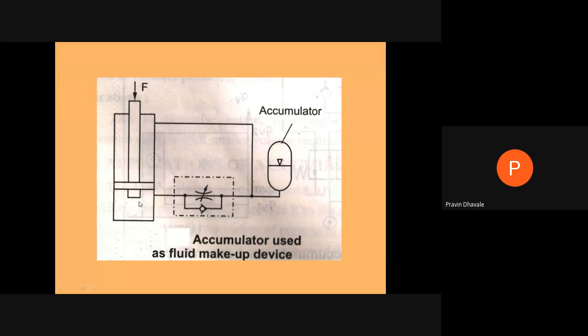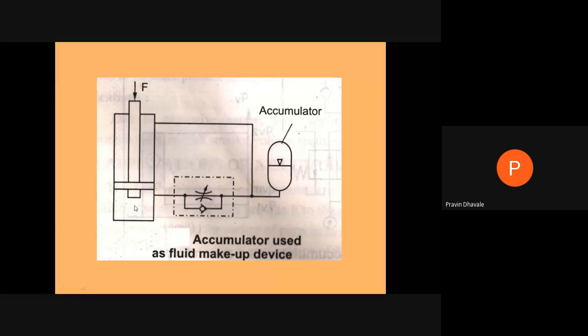At that time, whatever fluid is present on the lower side of the piston will be passing through this flow control valve or pressure control valve, right? So this fluid is having a volume V1. Now it is passing to the upper side of the piston, but the volume V2 is less as compared to V1, because in this particular space we have to subtract the volume of the piston rod.